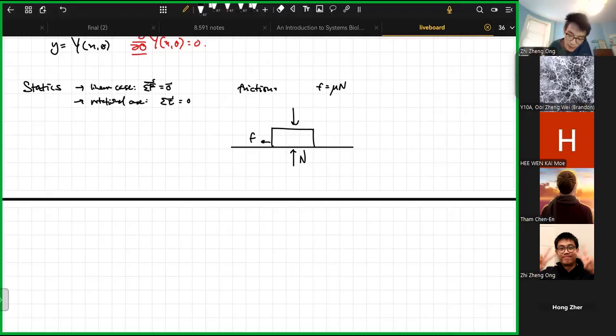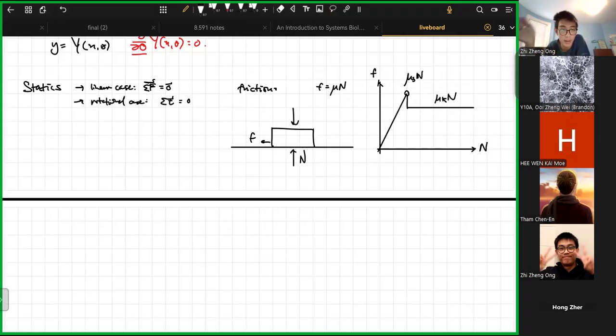This friction can be written with this equation. Normally when you do questions with friction, they assume this model of friction, where this maximum point, mu_s N, is the static friction, and afterwards it's some constant value called the kinetic friction.